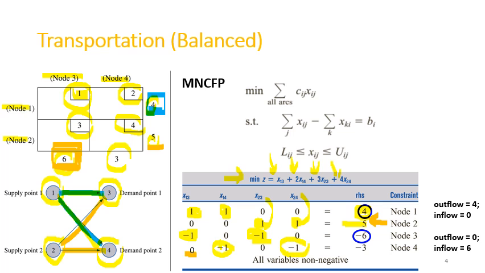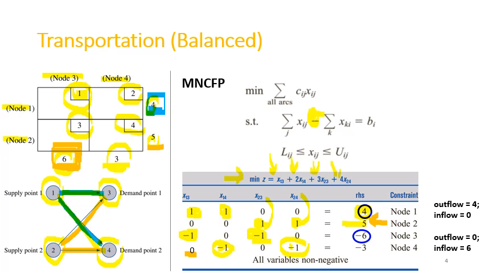So you have the minus if it is going into the node. And then the net supply is minus 3 because node 4 sends out nothing, so outflow is 0, but it received 3 units. So outflow 0, inflow 3, so the net supply is minus 3.